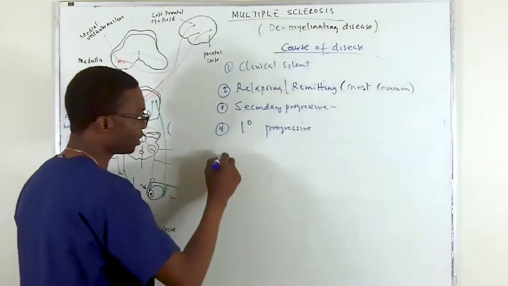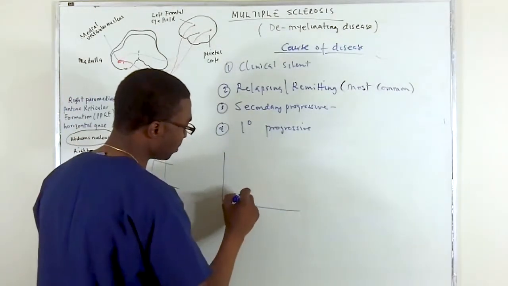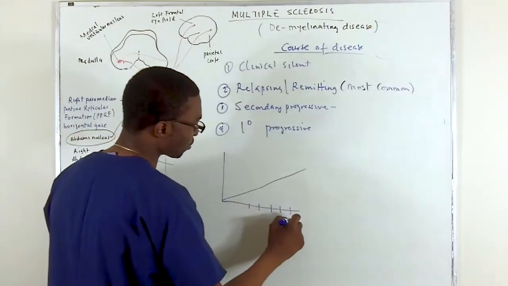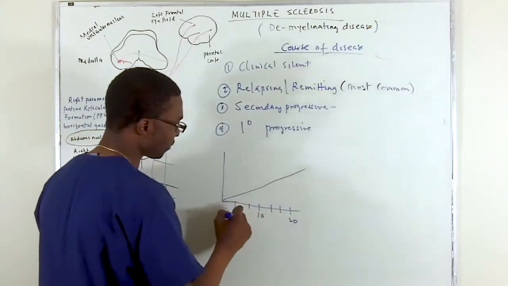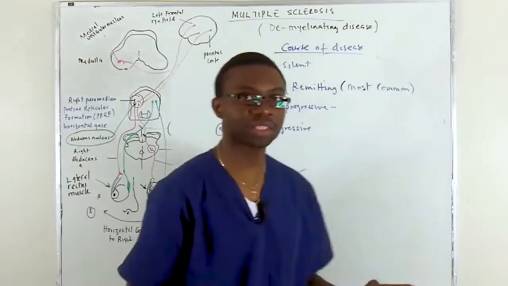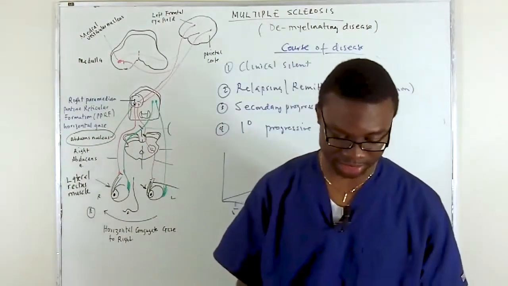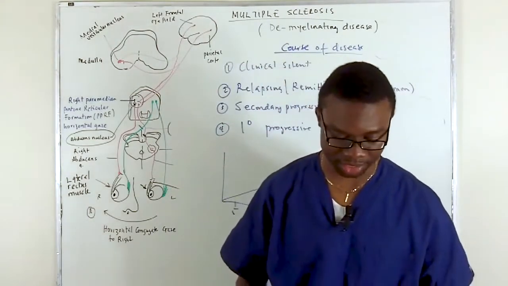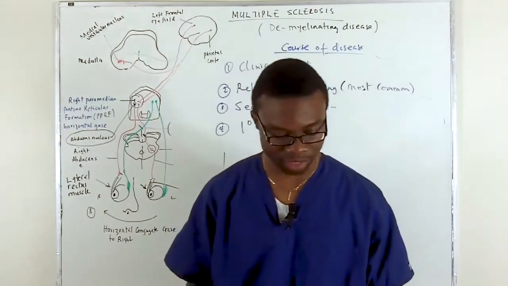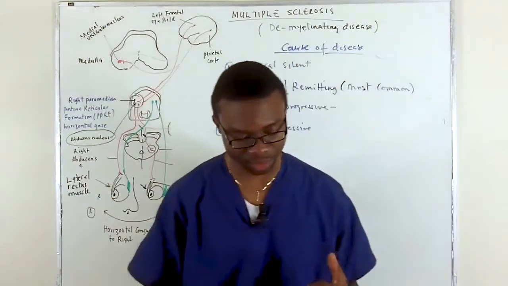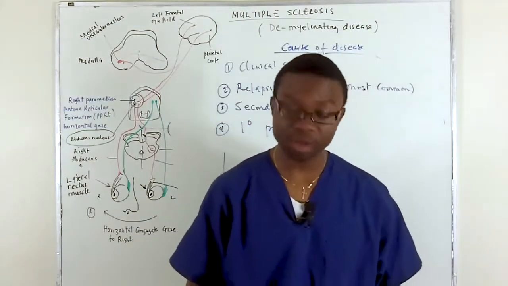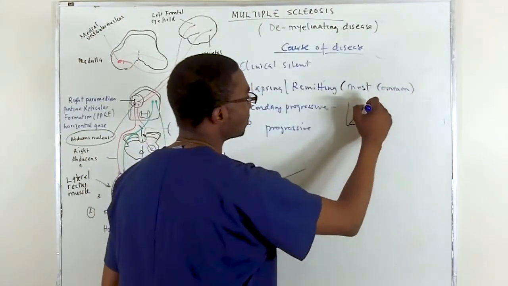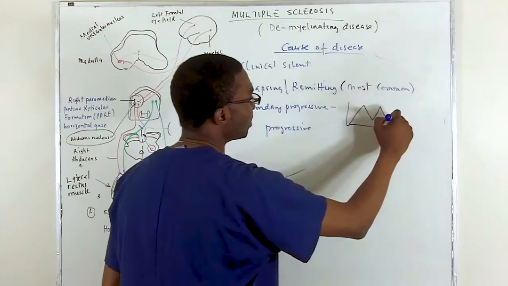So primary progressives will build like this. They're slowly building up over the years, 20, 10 years, 5 years. They just slowly, the disease is getting worse and worse. And often the disease appears later, after 40 years old, and tends to have less visual and more axonal involvement compared to the secondary progressive, whereby they have this relapsing, remitting, relapse, remit.